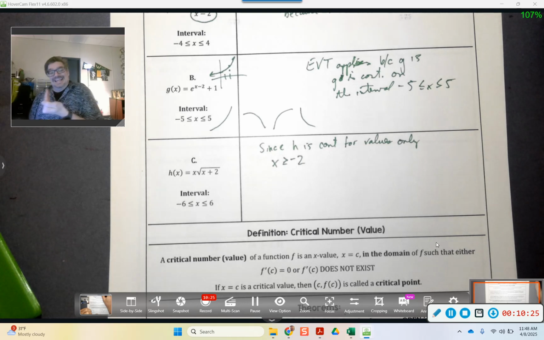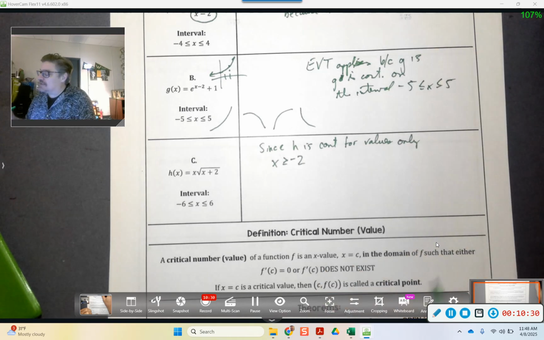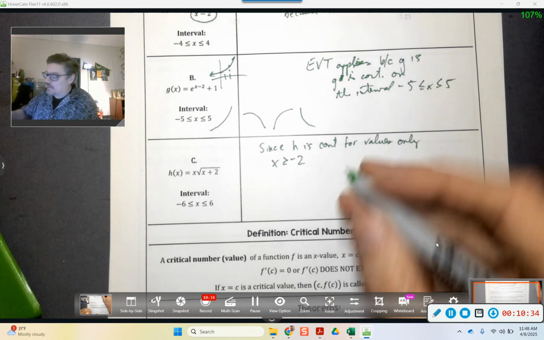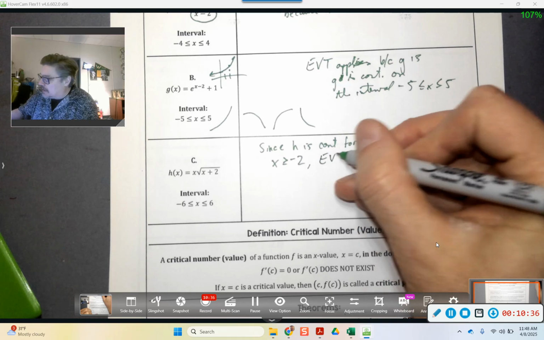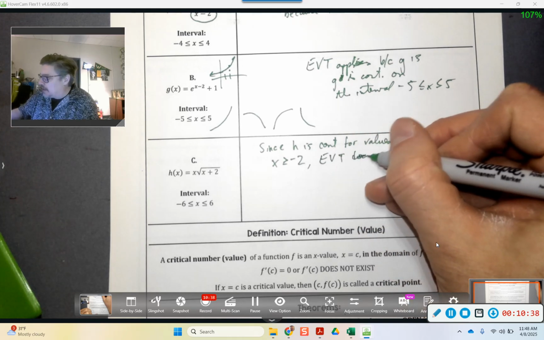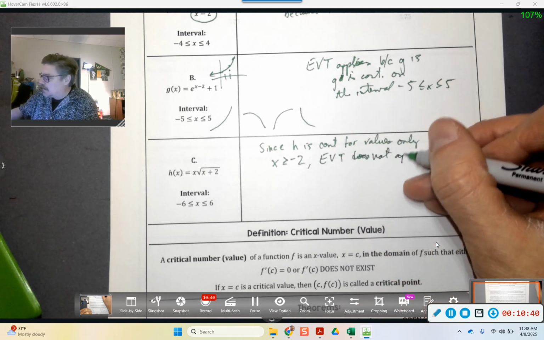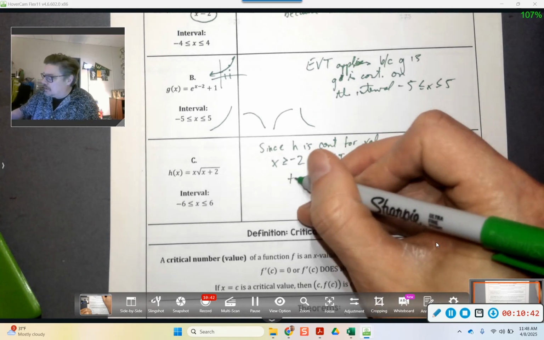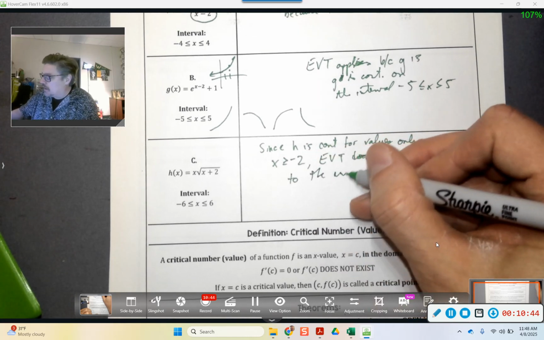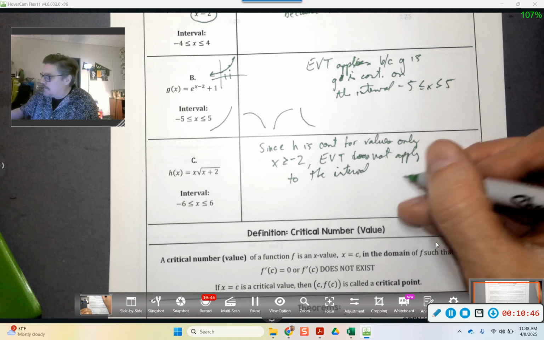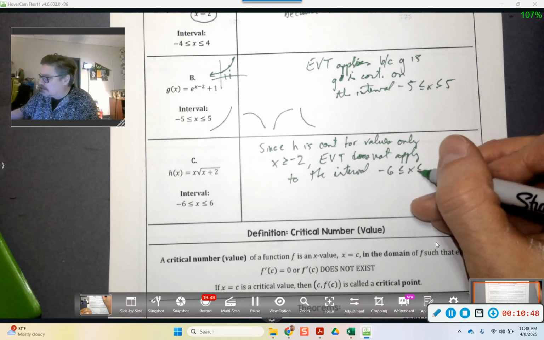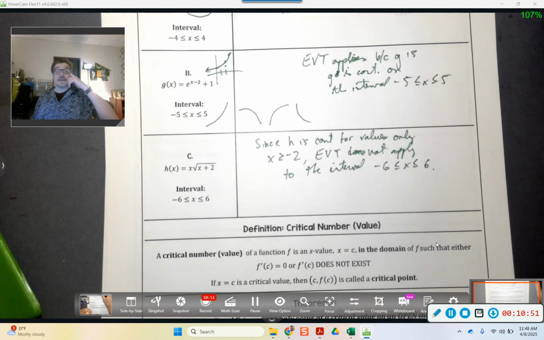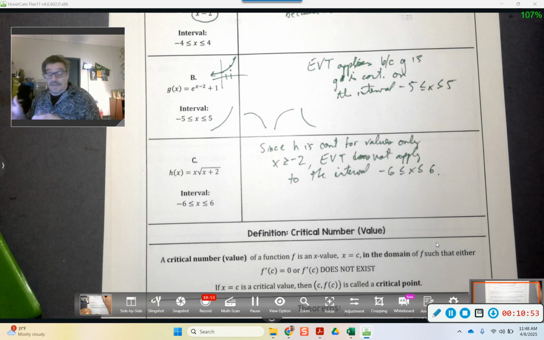But anything less than that, I'm going to have an issue. So since h is continuous only for values greater than or equal to -2, EVT does not apply to the interval -6 to 6.